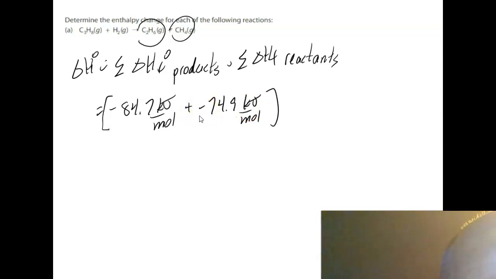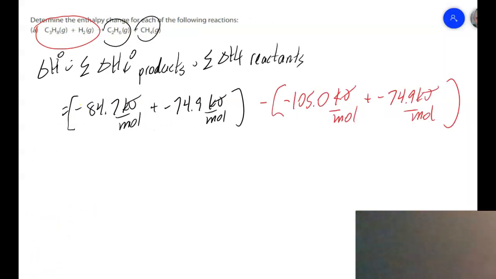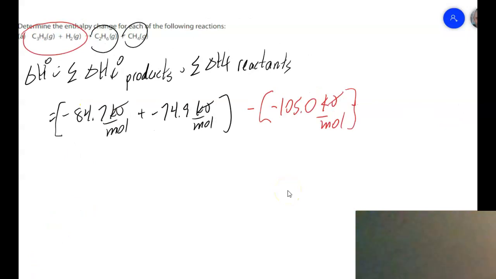So now I'll go to my reactants. C3H8 and H2 both have coefficients of 1, so for those, I don't need to do anything to the numbers. Of course, though, I've got to put a negative sign out front before I do all of my adding. So I find C3H8's heat of formation on the table.